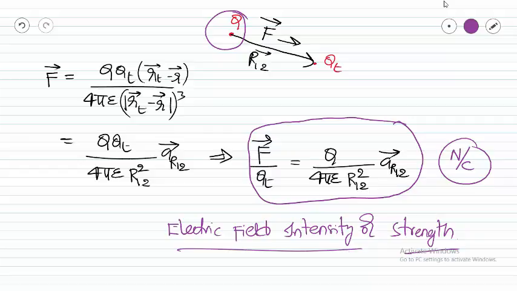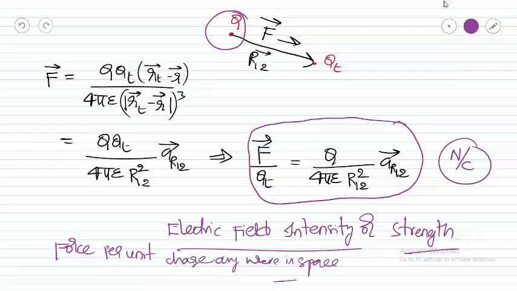So force per unit charge anywhere in space. Anywhere in space means the place where you keep Qt.